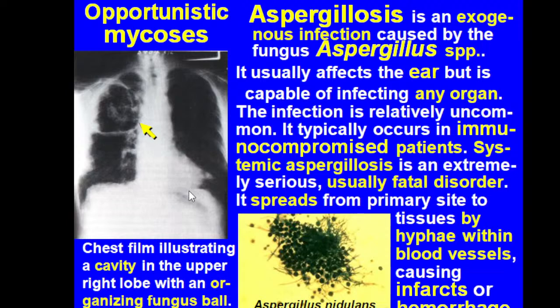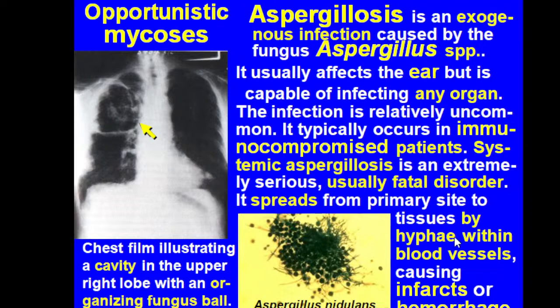So, and they are capable of affecting any organs in immunocompromised individuals. But then, when it really happens in, for example, HIV positive individual, they can be lethal. That is usually fatal disorder.